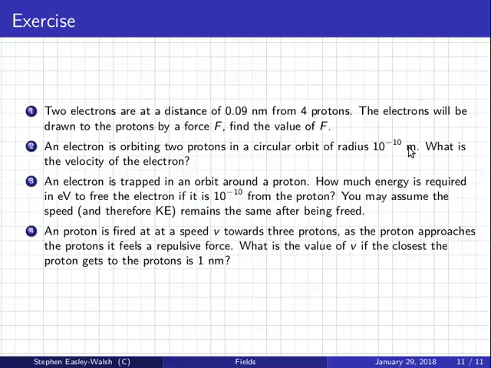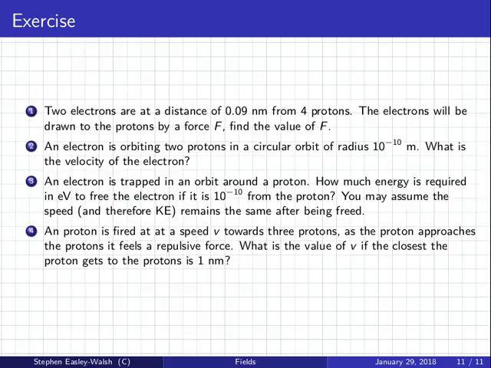My calculator hasn't loaded yet. Could I borrow this one? Okay. 1 over 4 pi epsilon 0, times Q1, which is 2e, and then 4, and then the distance squared, which is 0.09 times 10 to the power of minus 9.